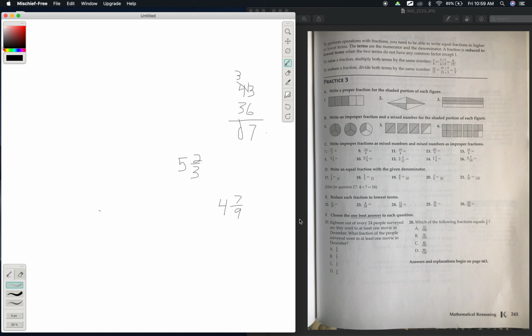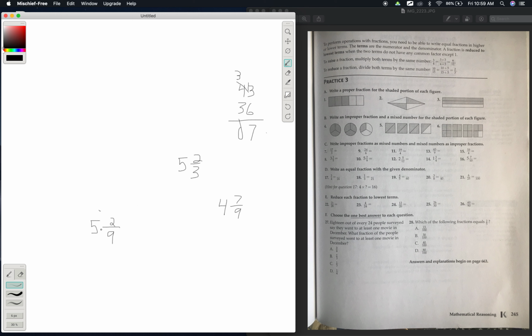Let's try a different one. Let's change some mixed numbers into improper fractions now. This is quite easy as well. Let's do this one. 5 and 2 over 9. What you do always for mixed numbers is you multiply these two. So 9 times 5 is 45.